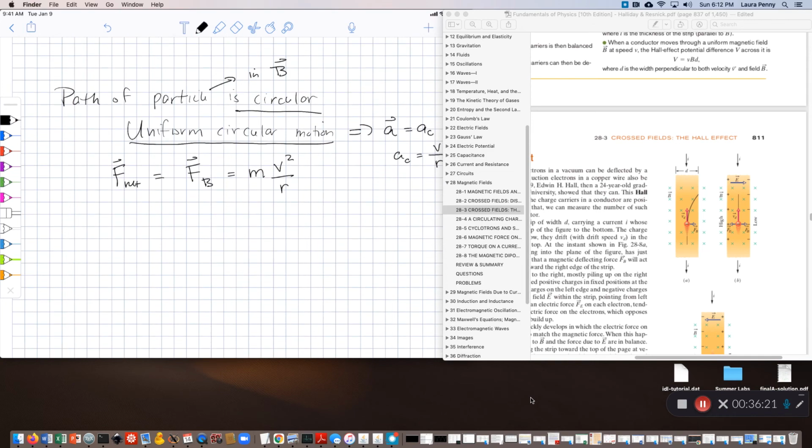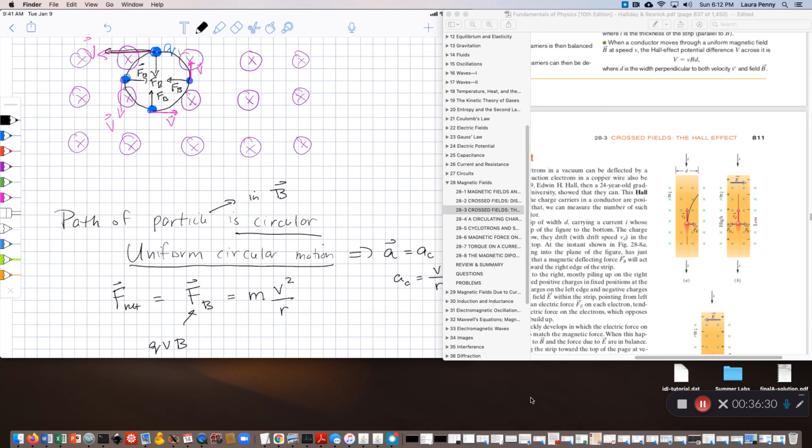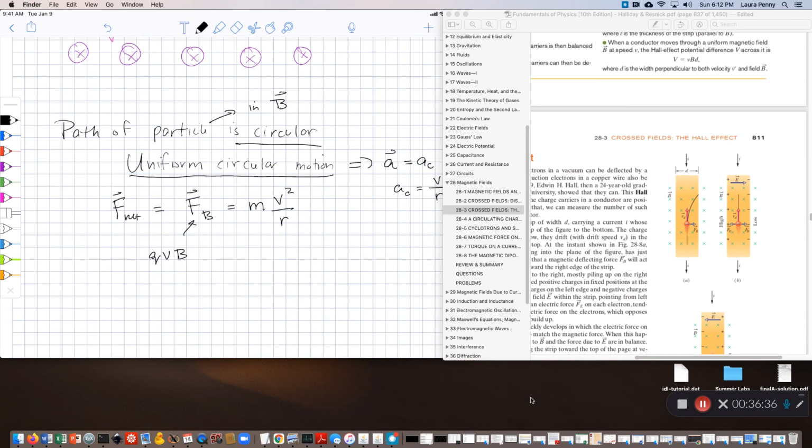So again, the magnitude of the magnetic force is qvB, and the angle between our velocity and our magnetic field is 90 degrees again. So this has to equal mv squared over r.